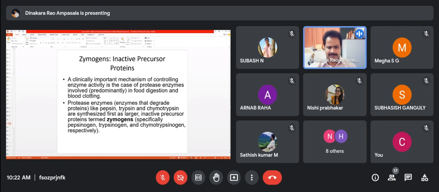Pepsinogen, trypsinogen, and chymotrypsinogen, by this nomenclature, are zymogens, the inactive enzymes. Trypsin, pepsin, and chymotrypsin are the activated enzymes.